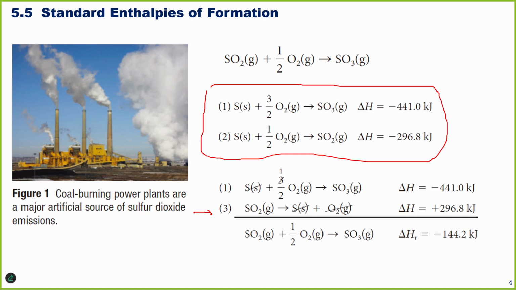Therefore, the enthalpy change for the production of sulfur trioxide gas is negative 144.2 kilojoules. Equations number 1 and number 2 are formation equations and represent the formation of a compound from its elements.